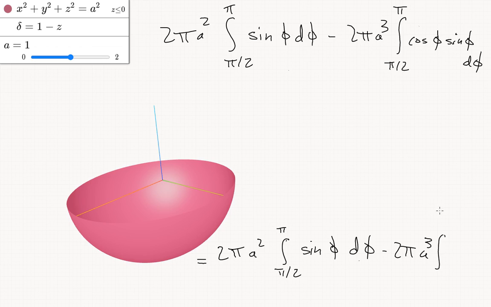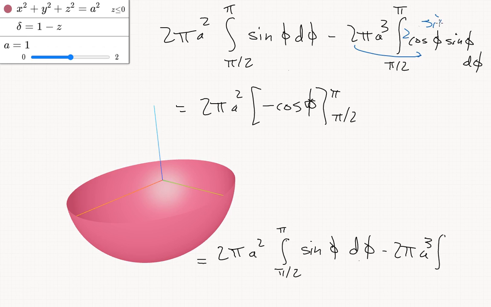So the first part becomes 2 pi a squared times negative cos phi evaluated from pi over 2 to pi. And then for the second one we can move a 2 inside, so this is sine of 2 phi d phi.